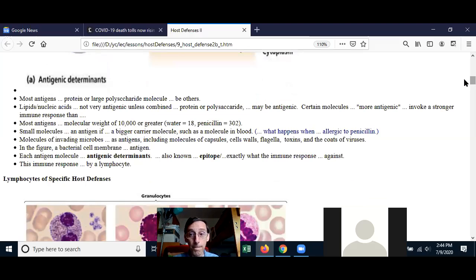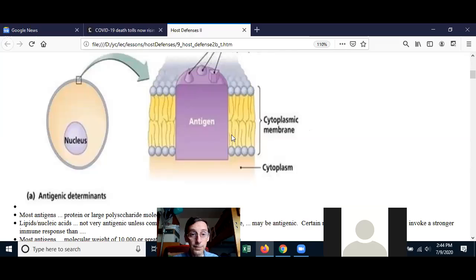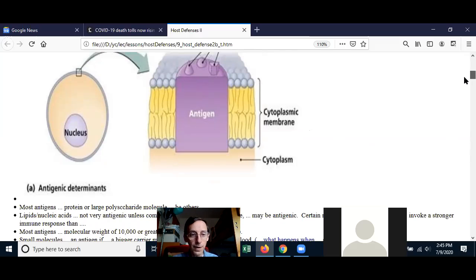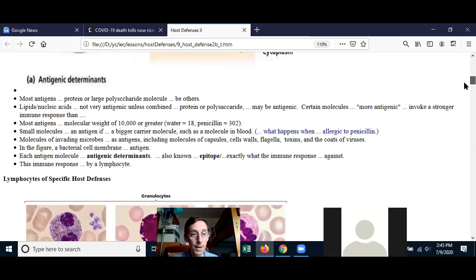Remember, when we're talking about this antigen, the host will react specifically to one part on that antigen. So they're not reacting to the entire molecule, only to a part of that molecule. Different antibodies, for example, could react to different parts of the same antigen. Of course, they can also react to different parts of different antigens, and we'll talk a little bit about that.